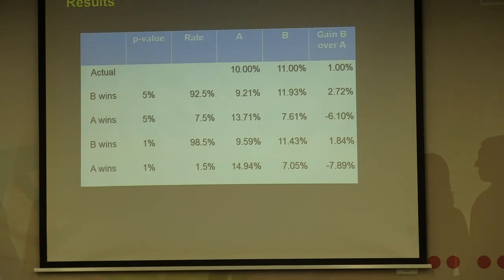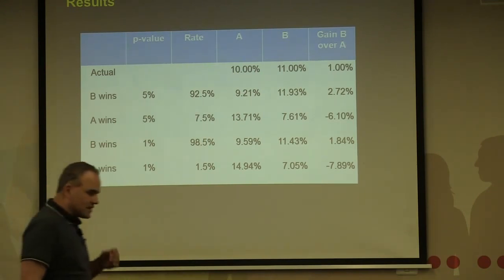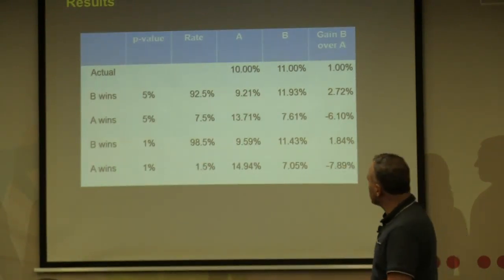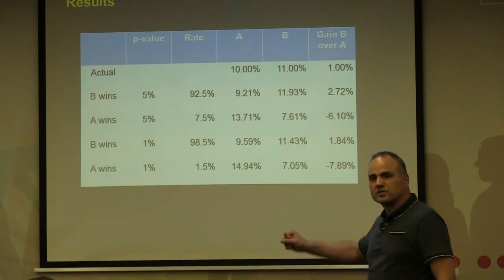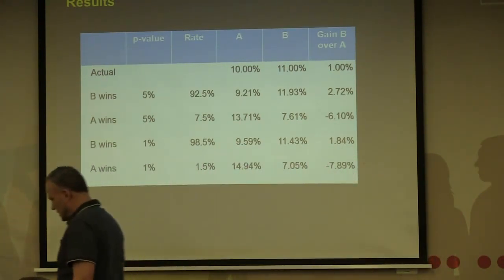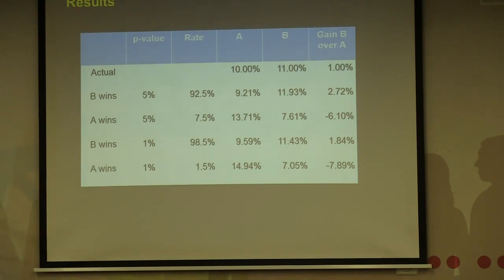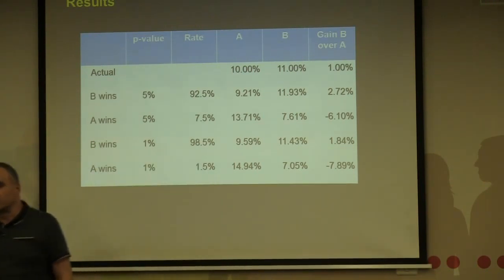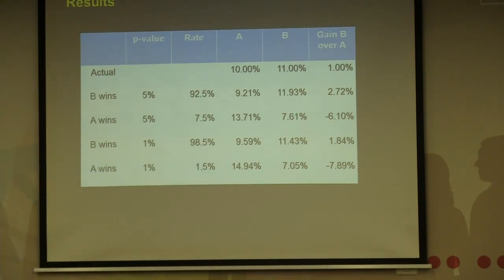Okay? So then I'm running this test, and I'm deciding to stop at the confidence level of 5%, two-tailed significance of 5%. First type of error. Then, on the average, in 92.5% of the cases, B will win, but in 7.5% of the cases, A will win.